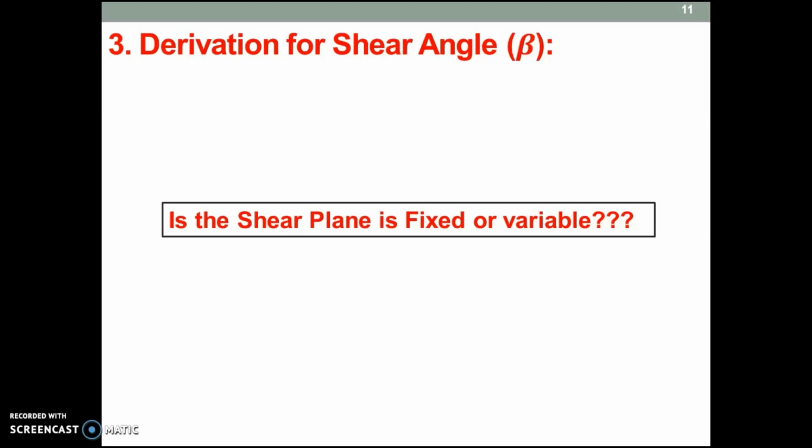To find out the factors which vary your shear angle and shear plane, because if the shear plane is variable, the shear angle also changes. If we know an expression for shear angle, then we can confirm that these are the factors for which the shear angle varies. So let's start the derivation.